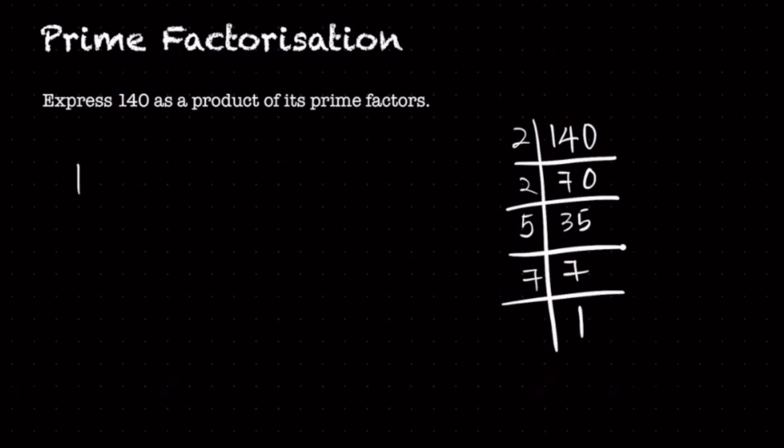Alright, so 140 is 2 squared, and we have 5 and 7. So I will arrange it from smallest to largest.